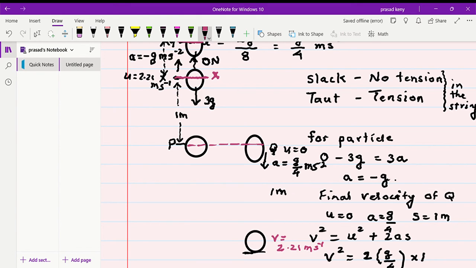So with the same velocity, particle P will come to the point X 1 meter above the point of release, but the particle P will not stop immediately.